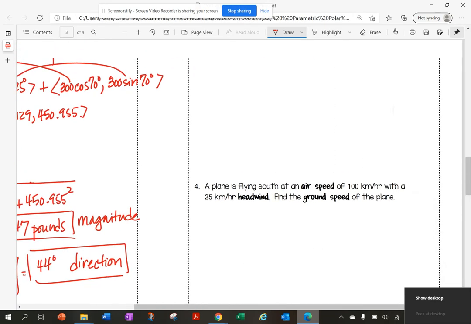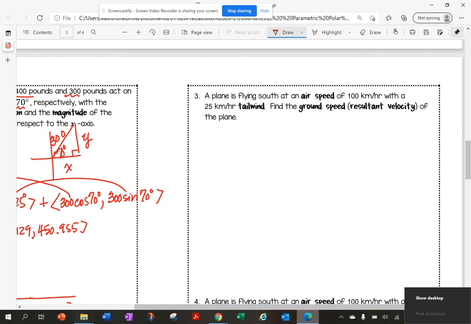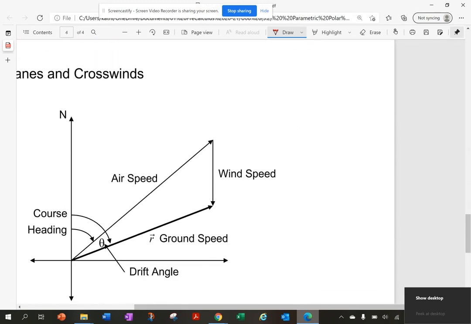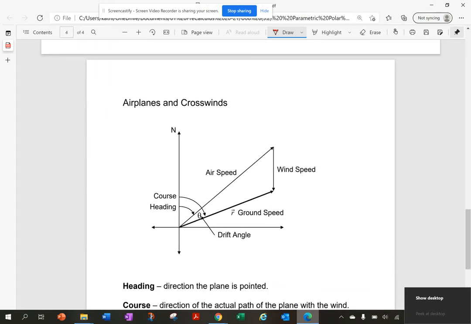Okay, next we're going to talk about some real world vocabulary associated with planes. So I have a separate diagram here. So the airspeed is the resultant vector. So that is what my airplane's speed is. So that's called airspeed.